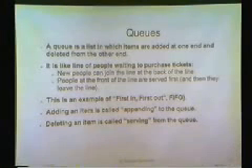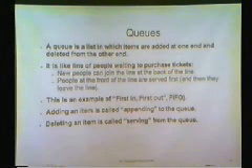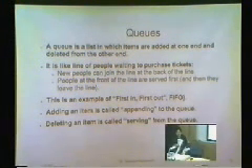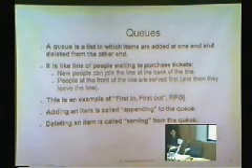Now, I want to talk about the opposite of the stack, or the other way that contrasts to stack, which is queue. And a queue is a list in which the items are added at one end and deleted from the other end. What does this mean, right? We can think of a real example in real life.